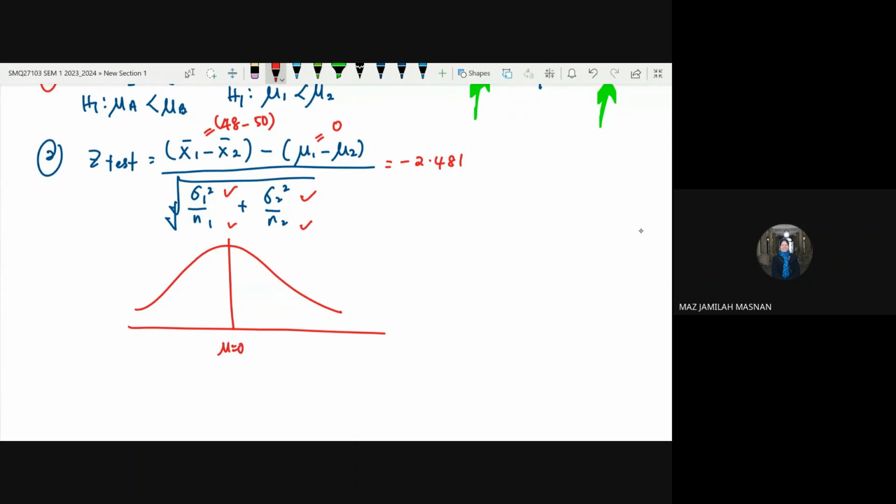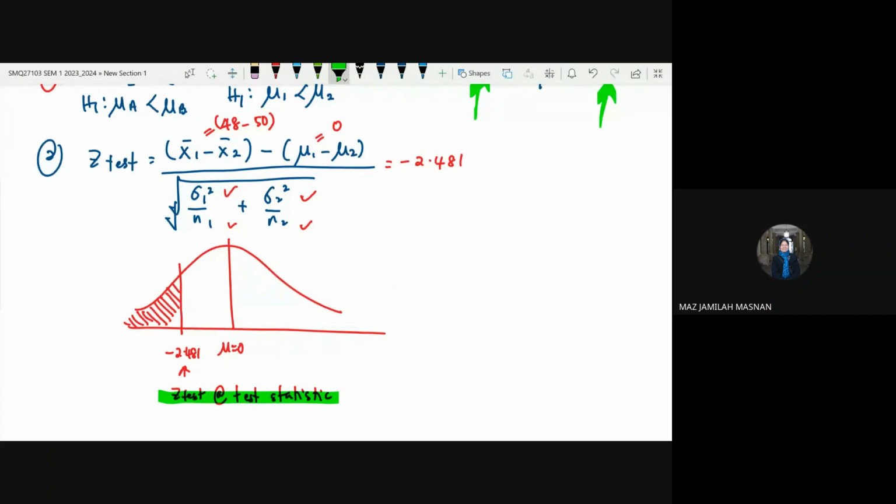And for negative 2.481, this is the p-value bounded by the z-test, or sometimes we call it the test statistic. So don't get confused. These two are the same.